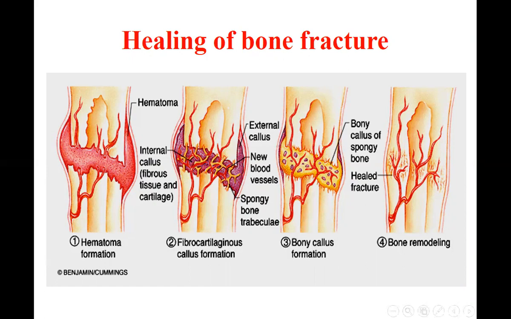It has not reached the normal stage. So in the fourth stage, bone remodeling, it starts bringing itself back into the normal shape which it was before. This is called the bone remodeling stage. So these are the stages by which the bone will heal if there is any fracture.